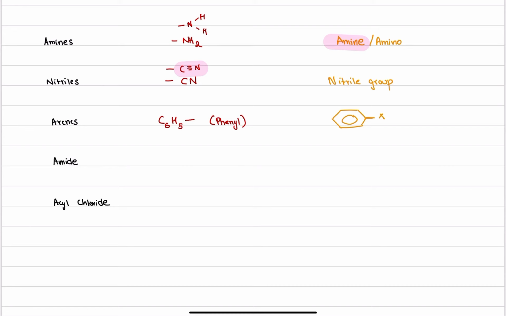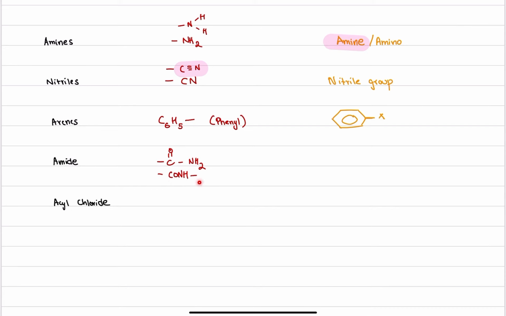That's it. Alright, as for amides, amides are slightly different than amines because in this you have a C double O bond, but next to it you have an NH2. So this is NH2 in itself, and in amides it is C double O and NH2 next to it. This is something that you would have seen in biology as well. This is your CONH, and then there could be something on this side as well. Basically what I did here was remove one hydrogen and replace it with anything.